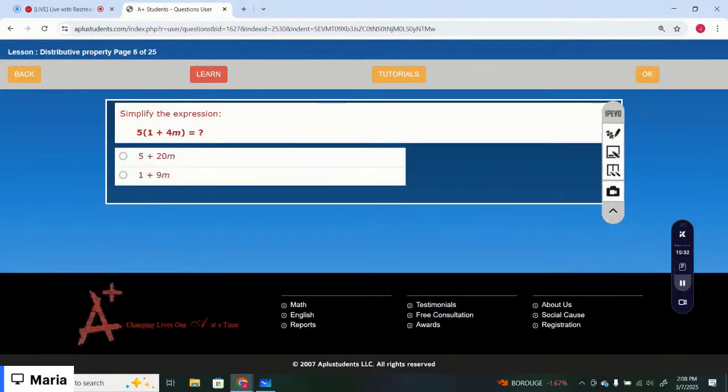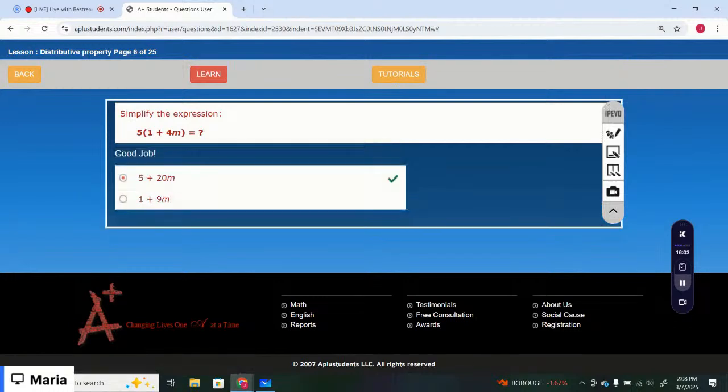Option number 1 is the correct option. 5 times 1 plus 4m. Option number 1 is the correct option. That is 5 plus 20m, and option number 1 is the correct option.